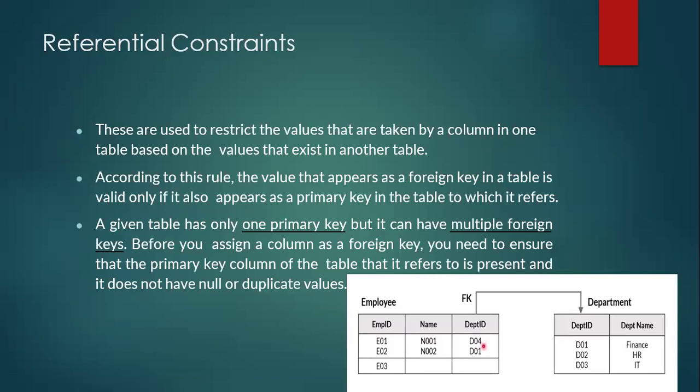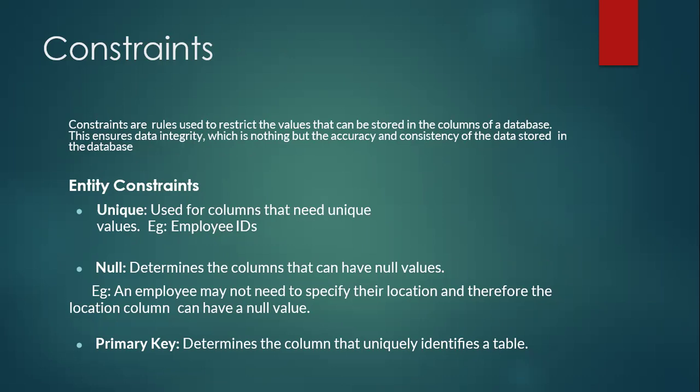Now there is one more key called composite primary key. What is a composite primary key? Let's suppose we have a table, but we are not able to define any single column as a primary key, because there are columns which take null values and also duplicate values. So we are not able to specify the primary key.